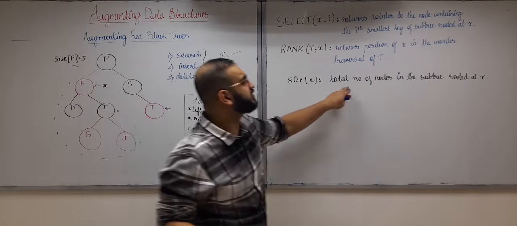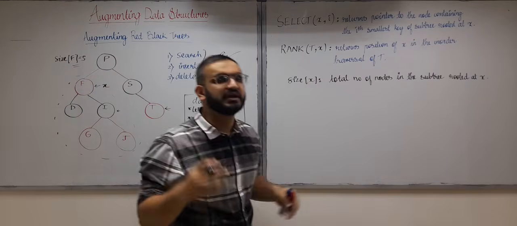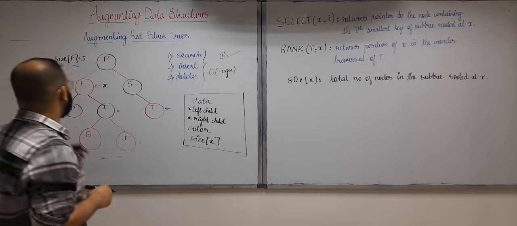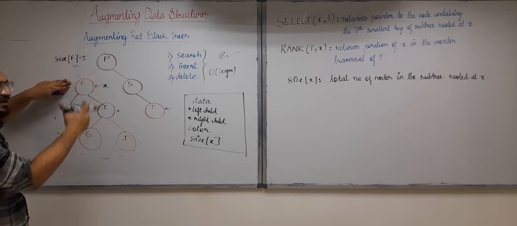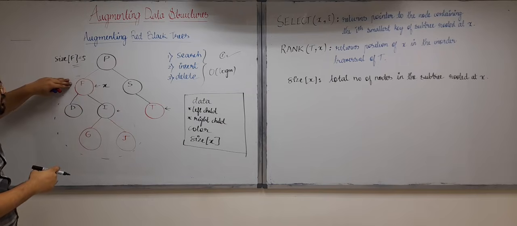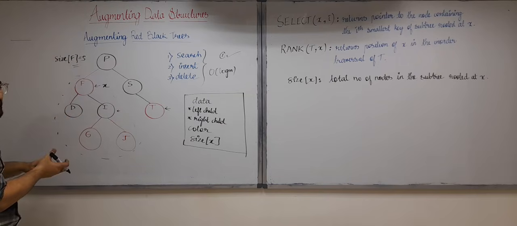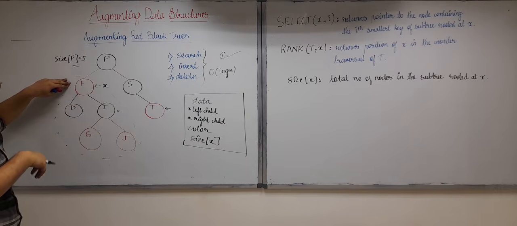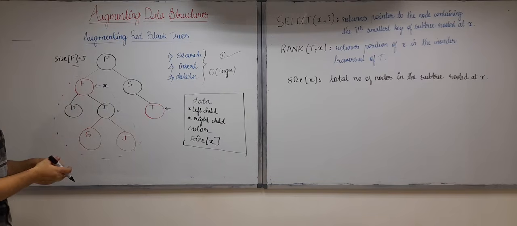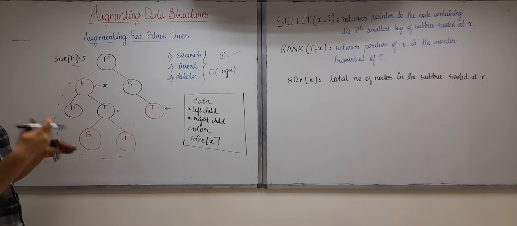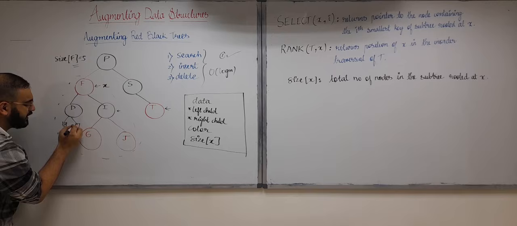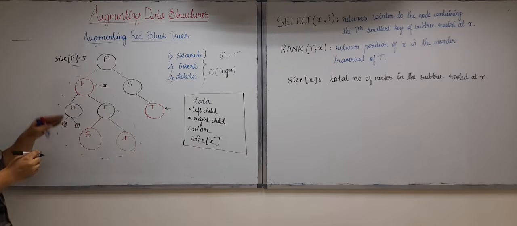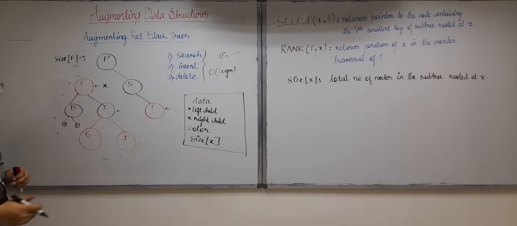So size of x is the total number of nodes in the subtree rooted at x, right? And we also include the node x when we calculate the size of x. Like here, I've counted this node as well in the subtree rooted at x. I've added f as one of the nodes in the subtree rooted at x. And we don't calculate the null nodes or these nodes that we saw earlier in red black trees, right? We don't calculate these nodes in the subtree rooted at x when we calculate the size of x, right?